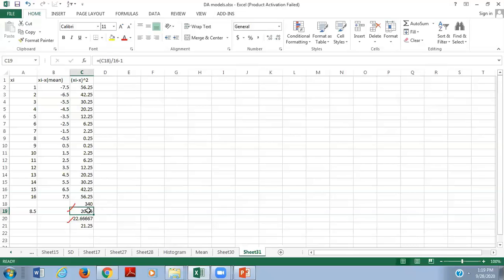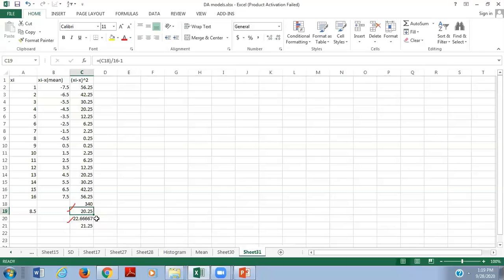Why? According to the BODMAS rule of mathematics, first it divided, and then it subtracted 1. 340 divided by 16 is 21.25, then minus 1 gives 20.25.